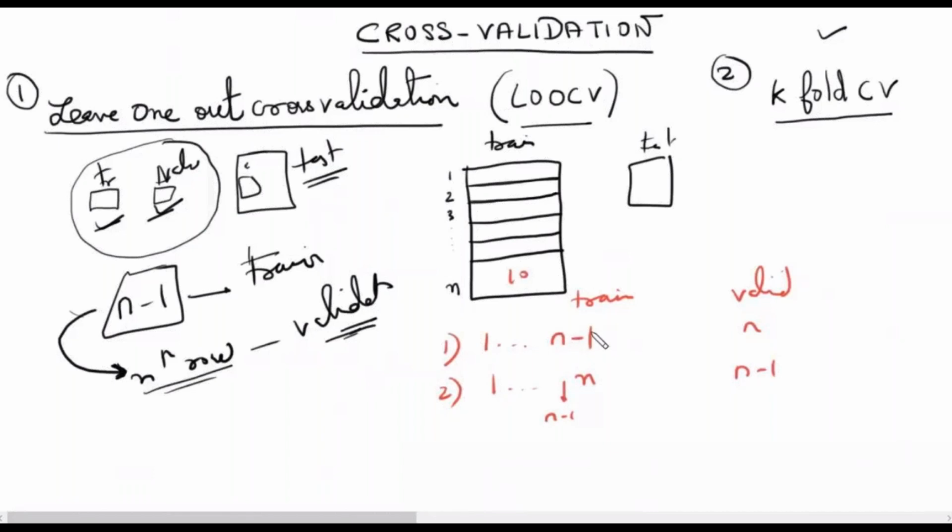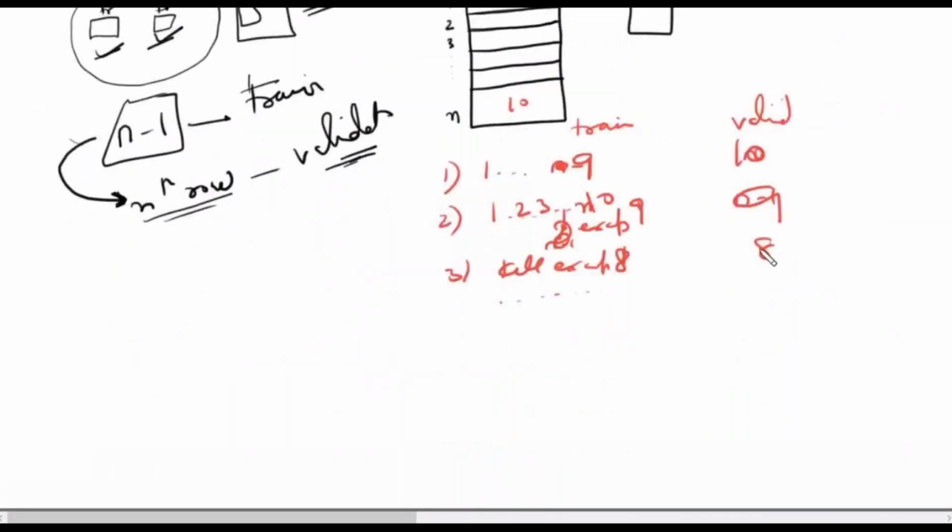We take 1 to 9, and the 10th row is the validation. Then we take 1, 2, 3 all the way till 10 except 9, and 9 will come here. Similarly, we take all except 8, and 8 will come here. This process will repeat, so ultimately you will see all the rows coming here one at a time, all the way till 1.